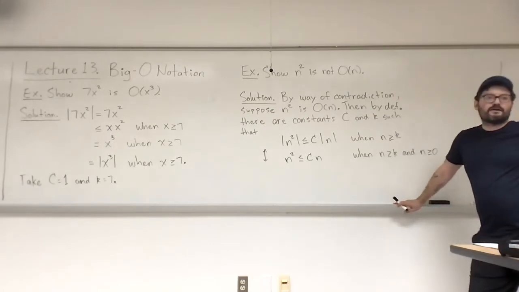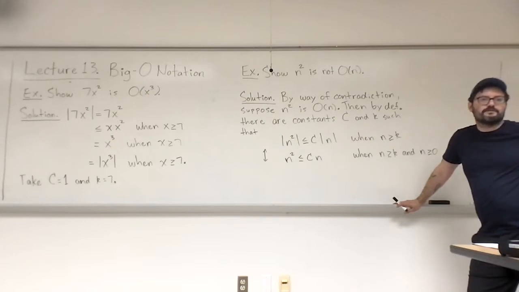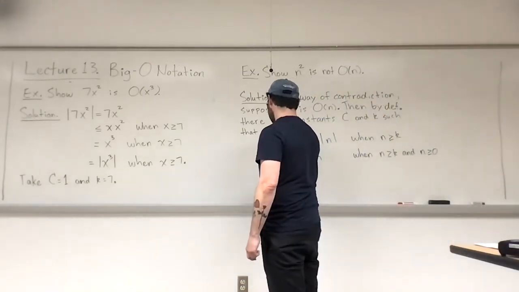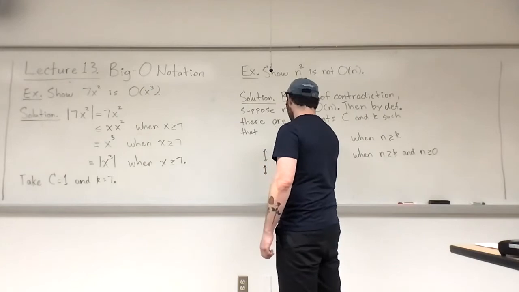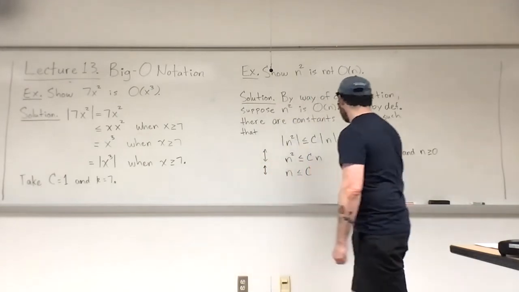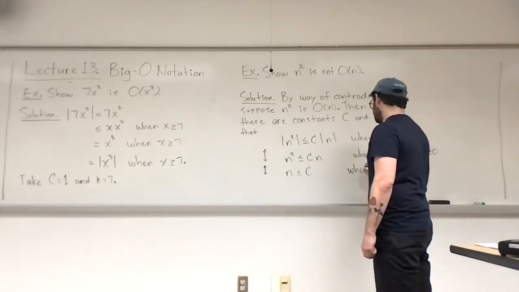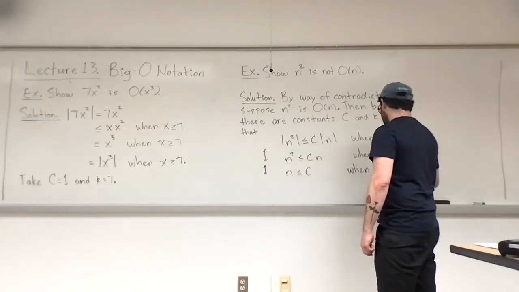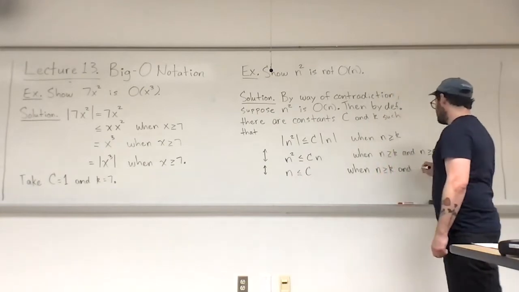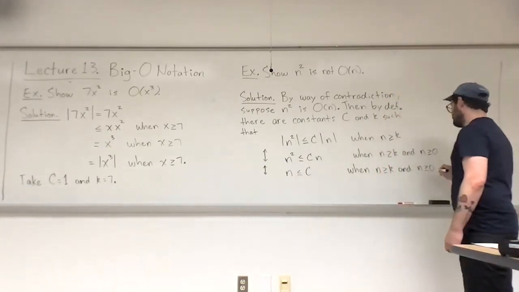And then since n is positive, we can divide both sides of that inequality by n, and the inequality doesn't change direction. So we get that n is at most c. And again, this is when n is greater than or equal to k, and n is greater than or equal to 0.